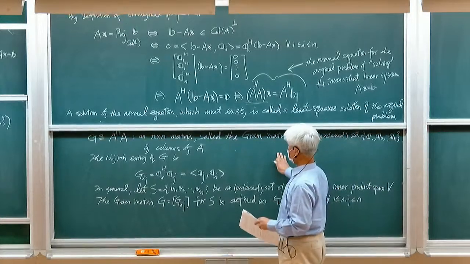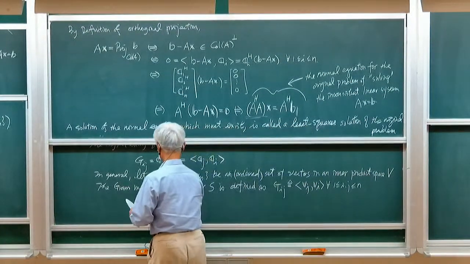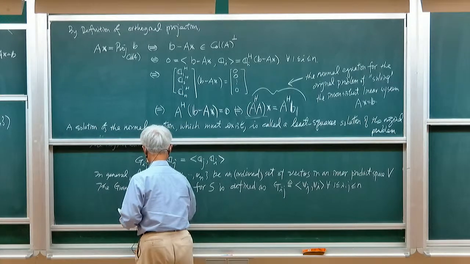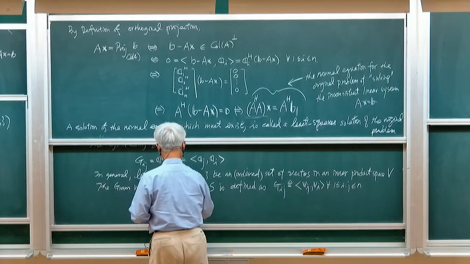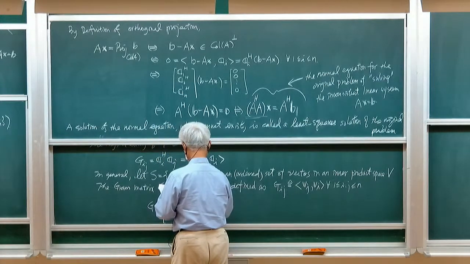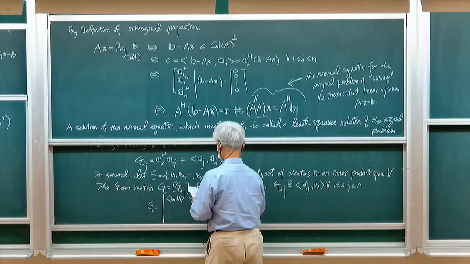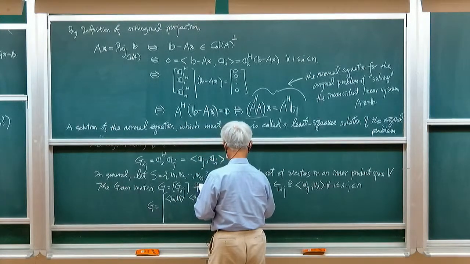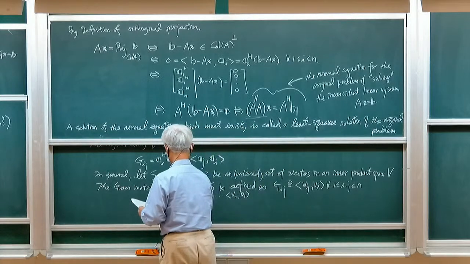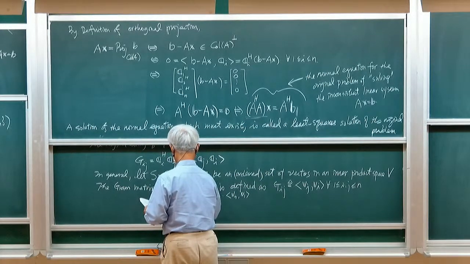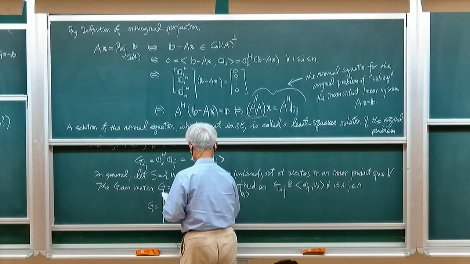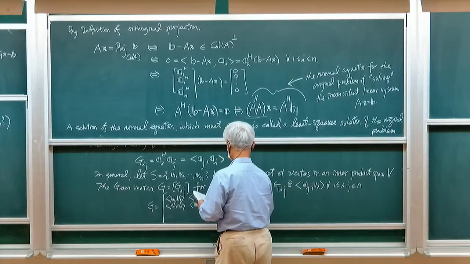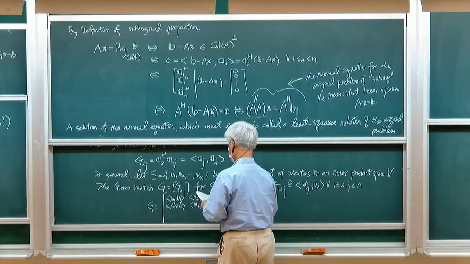If you like, you can expand G. Looking at it, the first column is V1, V1; V2, V1; up to Vn, V1. Then here it's V1, V2; V2, V2; up to Vn, V2.